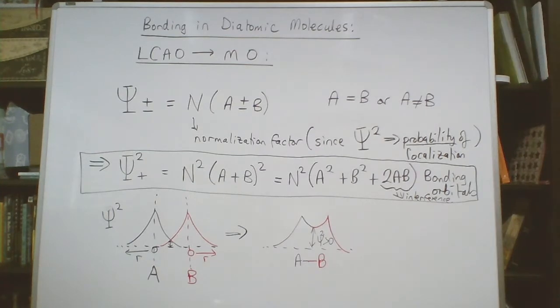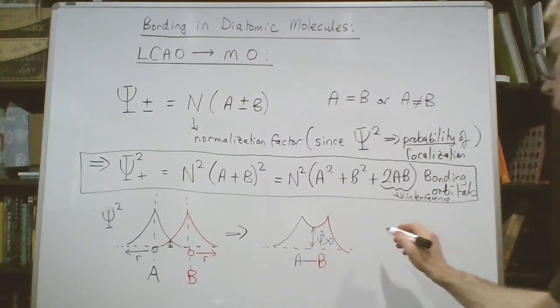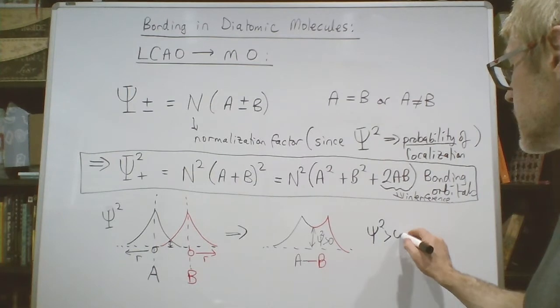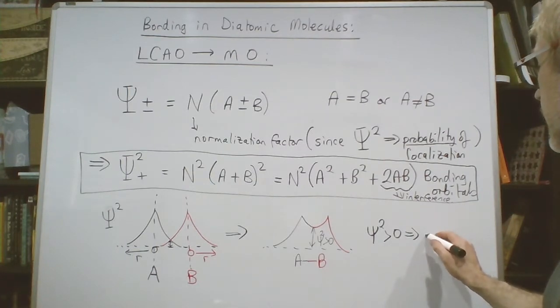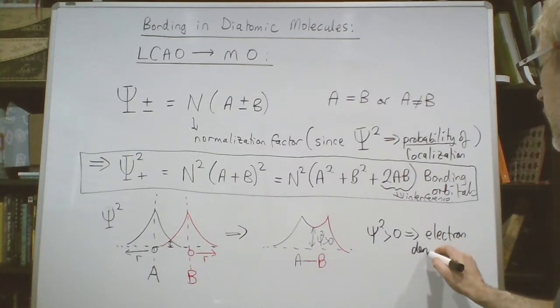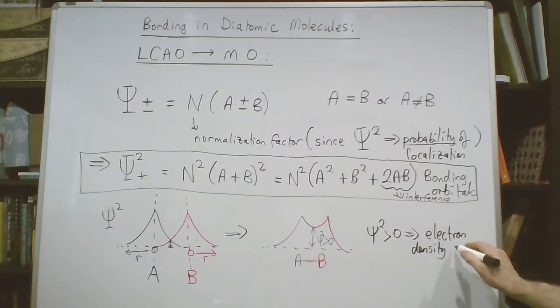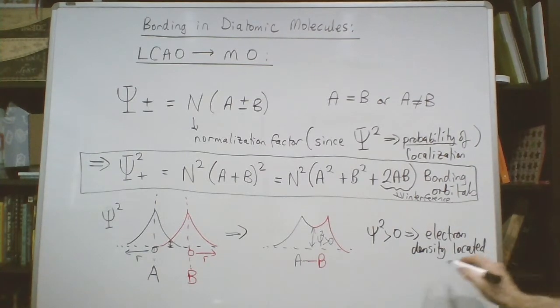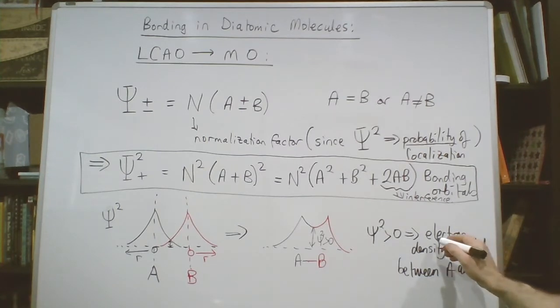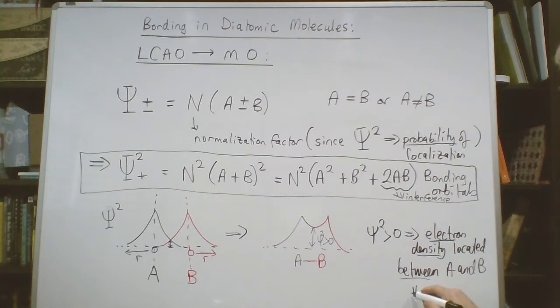So we interpret this: psi squared is greater than 0, which implies essentially electrons or electron density is now located between A and B. And that location of electron density between, that's what we mean by a bond. So these are how orbitals would bond.